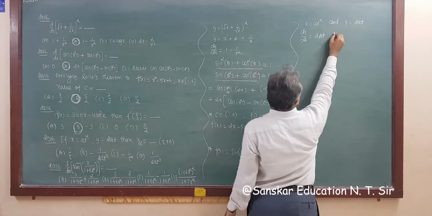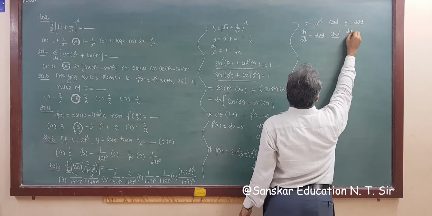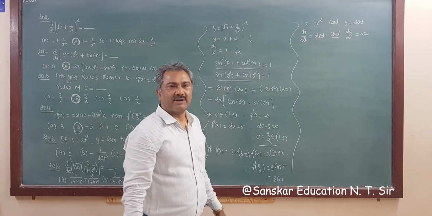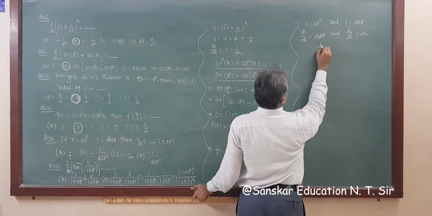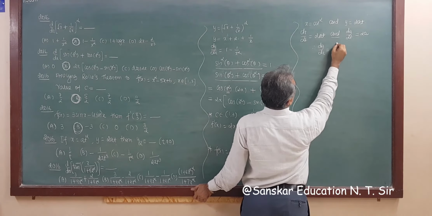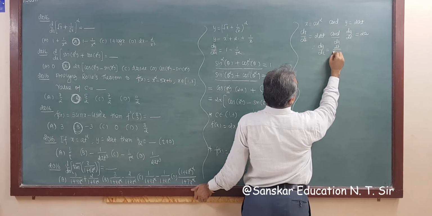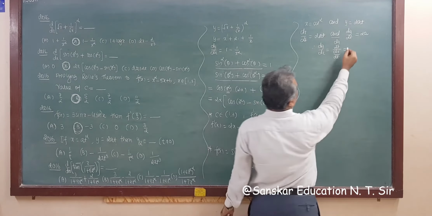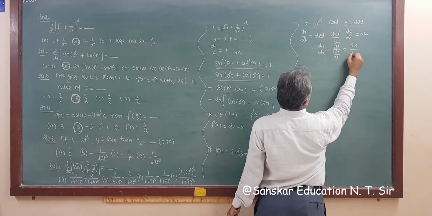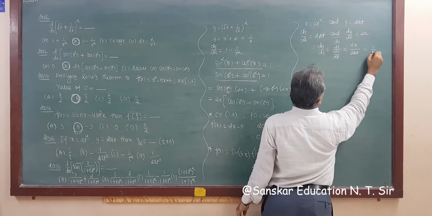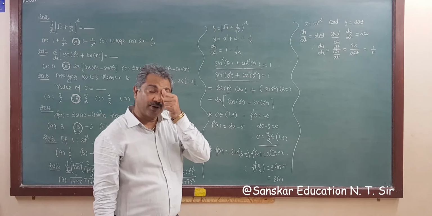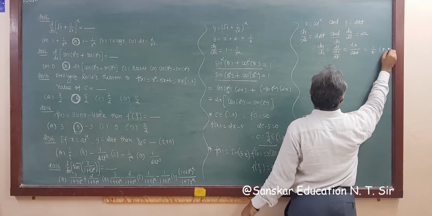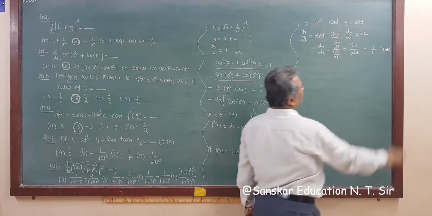And dy by dt is equal to 2a. So dy by dx is equal to dy by dt upon dx by dt, that is 2a upon 2at, so this is 1 upon t, and this is defined because t is not equal to 0.